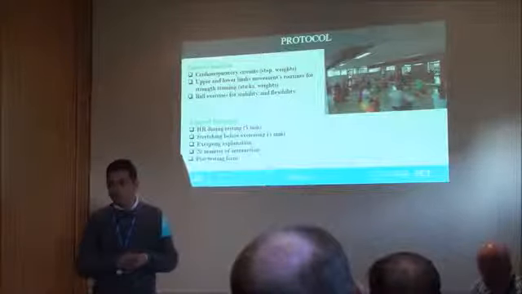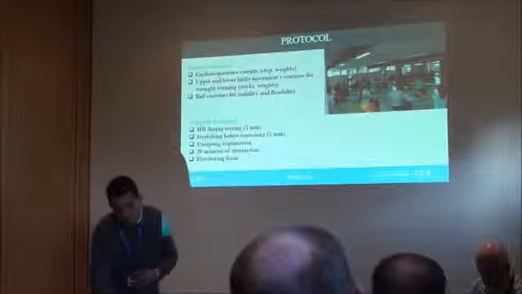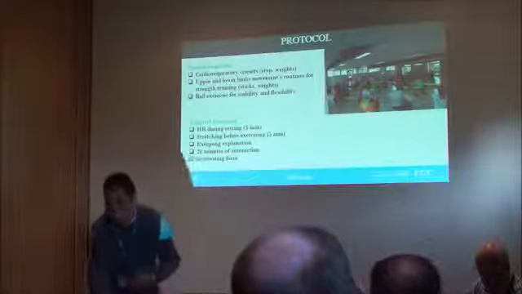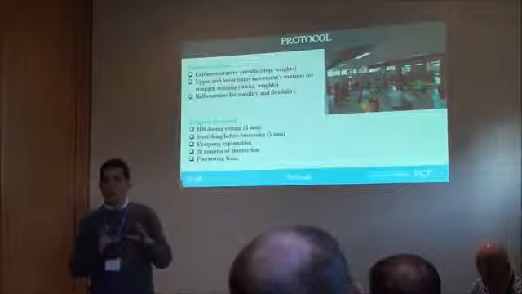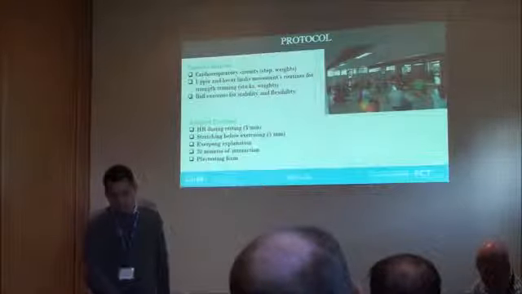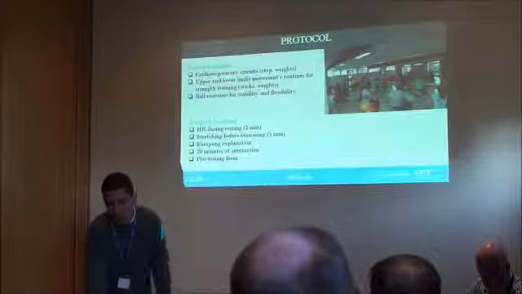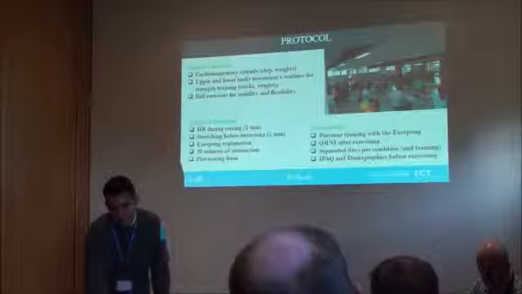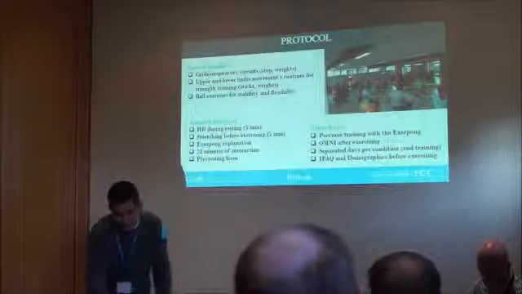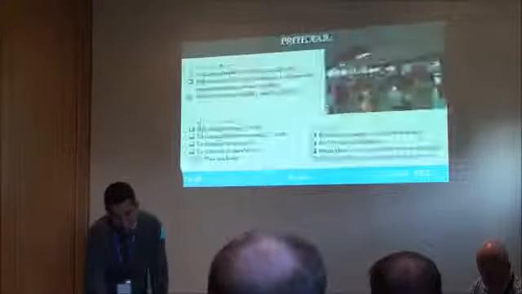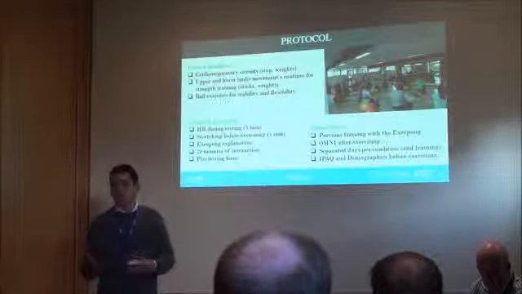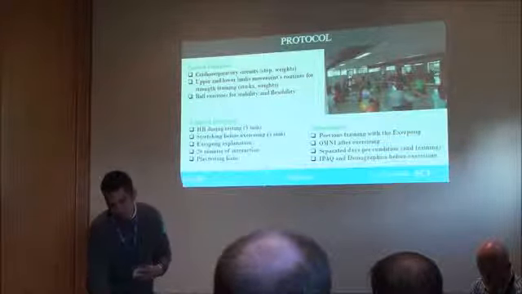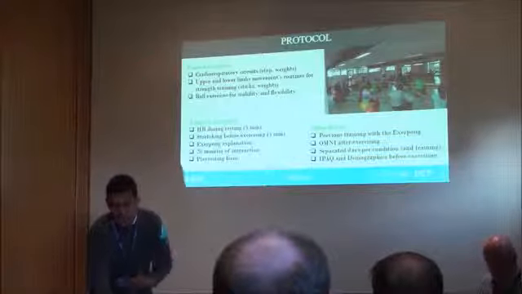Then we did some stretching to warm up, and then they played Exerpong for 20 minutes. We compared 20 minutes of playing Exerpong versus 20 minutes of conventional exercise. We also used a couple of subjective scales to measure the level of physical exhaustion of people.